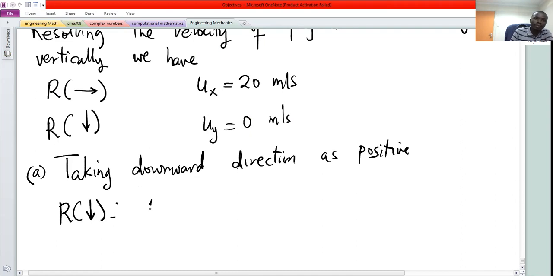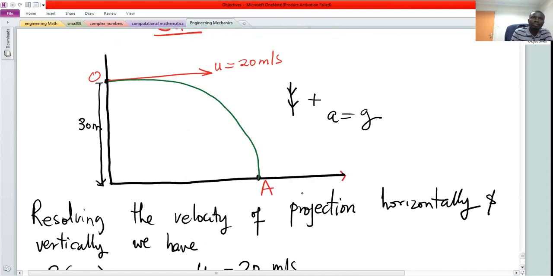So we have UY is 0, and then displacement, or SY, is 30, because this ball is being thrown downwards from a building at a height of 30.